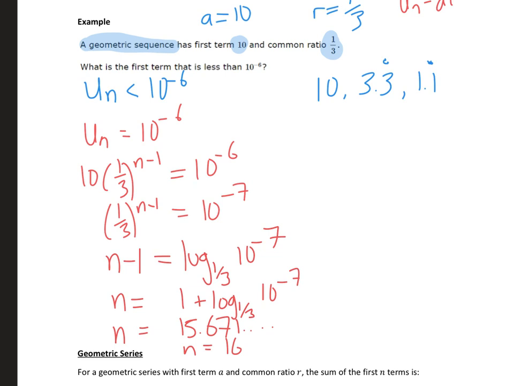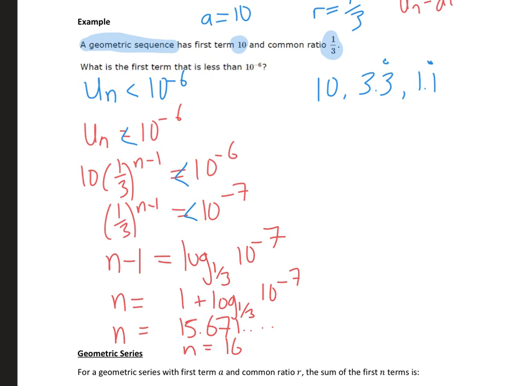I need 16 terms before I get a term that's less than 10 to the minus 6. Now, if I dealt with inequalities, so imagine I left all this as inequalities, I would have, I'll just do it over, less than, less than, less than. But if you look here, if n was less than 15.671, n should be 15. So at some point, the inequality sign would have flipped.